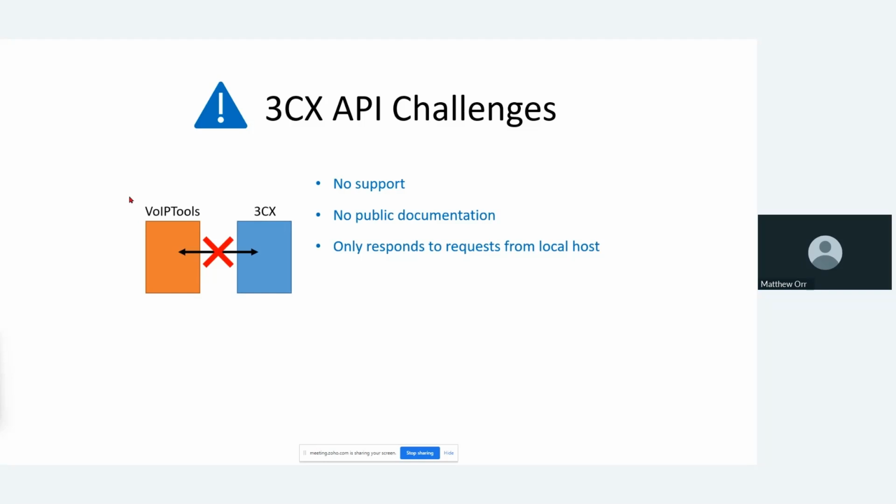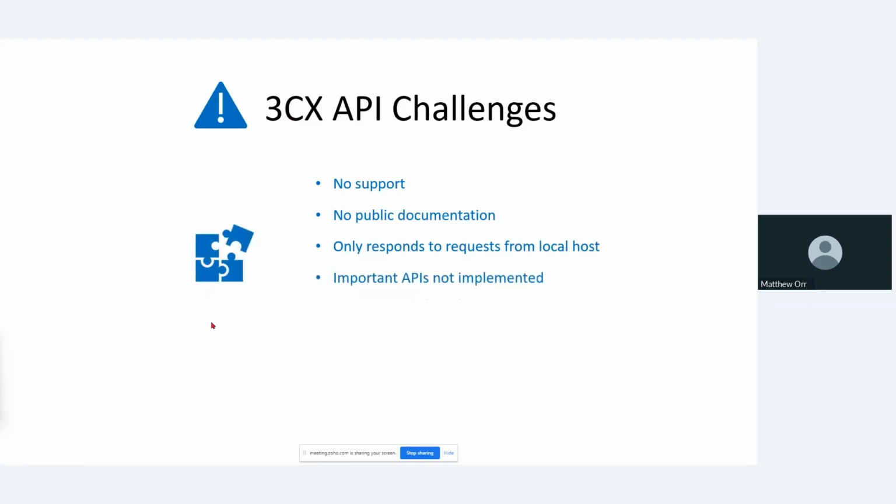So that's a bit problematic when they're asking you to install your software elsewhere. The 3CX call control API is really very truly extensive. We've been building add-on tools for 3CX for about 14, 15 years now, and I don't think that we've used more than maybe half of the APIs that they actually have available.